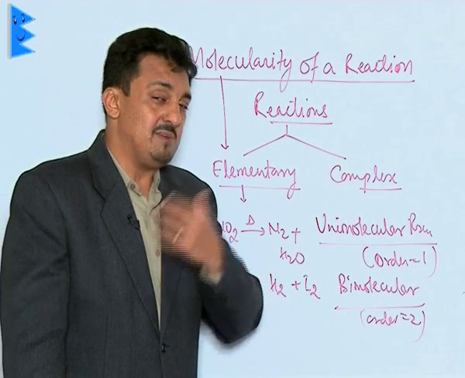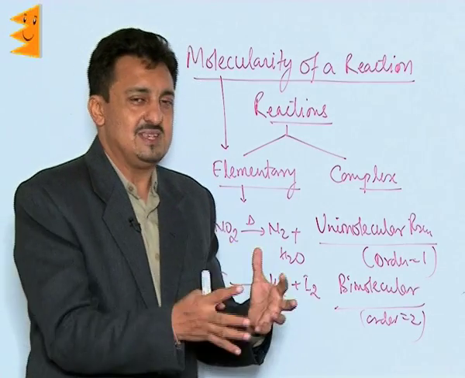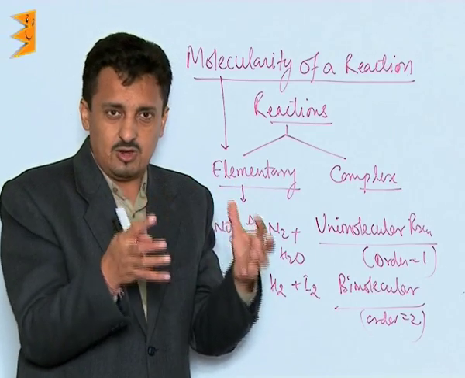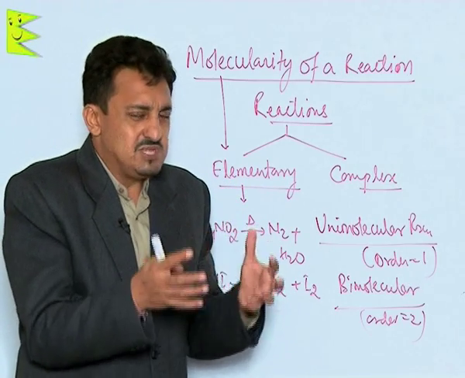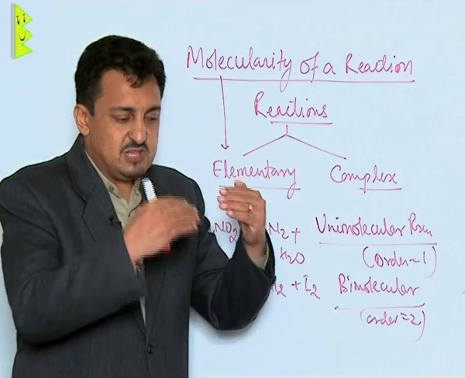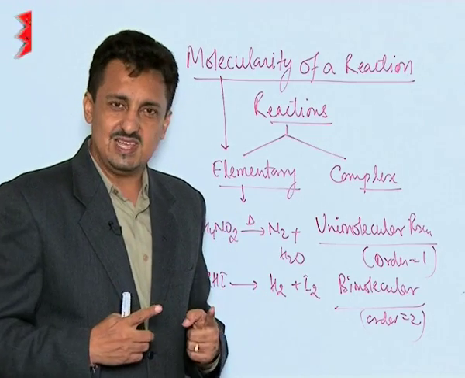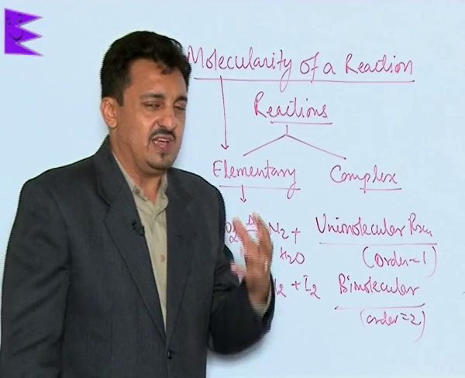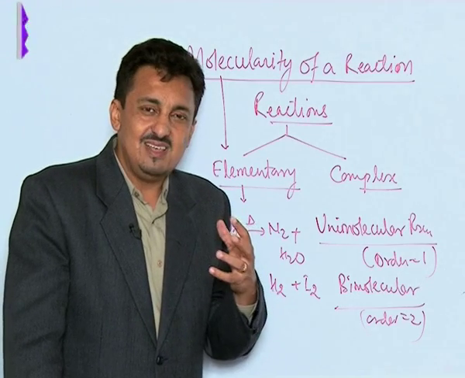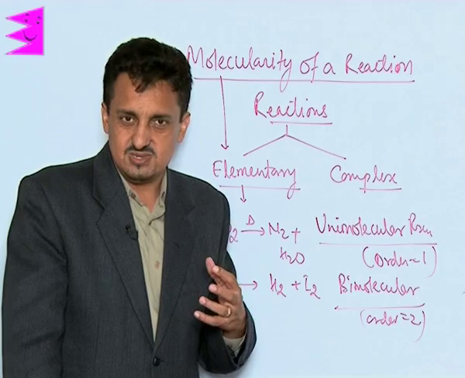Now let us move to some other examples. Many normal organic reactions appear simple but are very complex, taking place in a series of different steps. Each step is taken as an elementary reaction. Now we need to find out what exactly is the molecularity of such reactions.